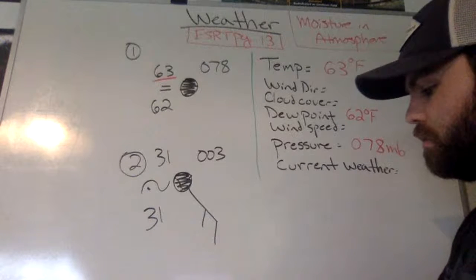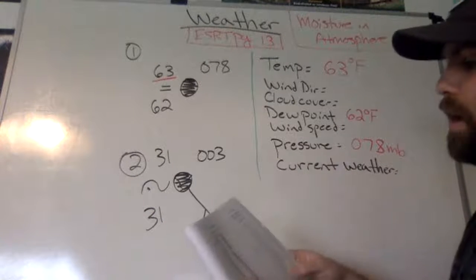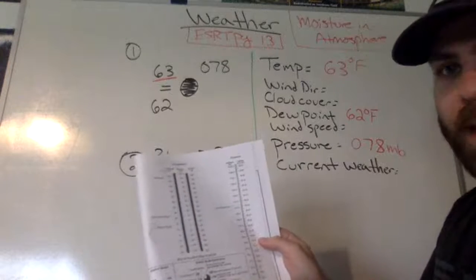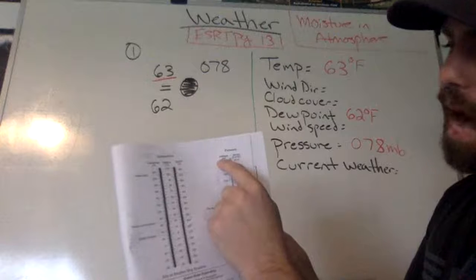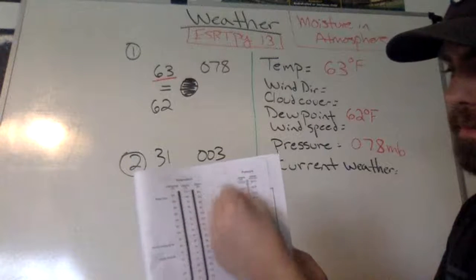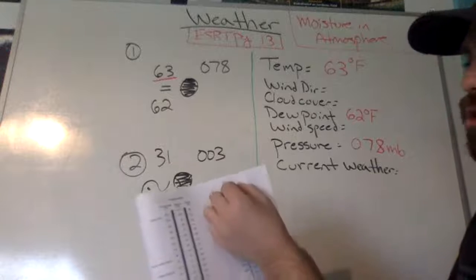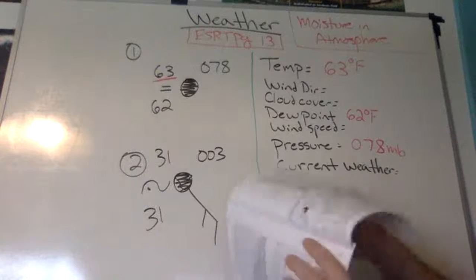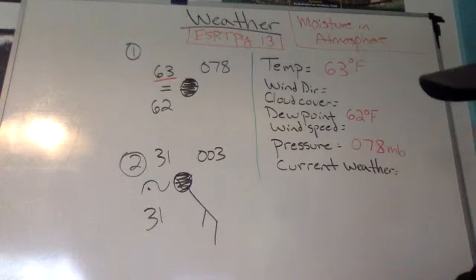If you notice, in the reference table you have your pressure line, which is also on page 13. At the top, it's millibars and inches. We're using millibars, and then you can also convert it to inches. So that's what we have so far.